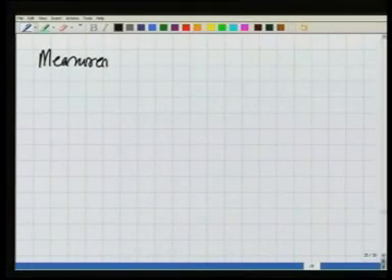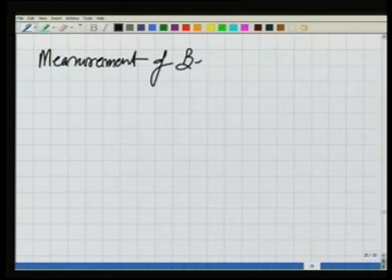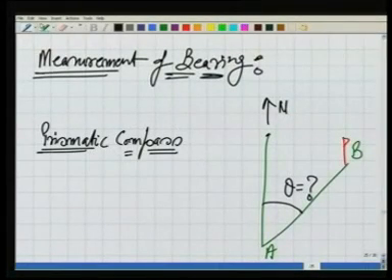Now let us get into how we can measure the bearing. As we have seen what the meaning of the bearing is, this is the magnetic meridian, so direction of north.